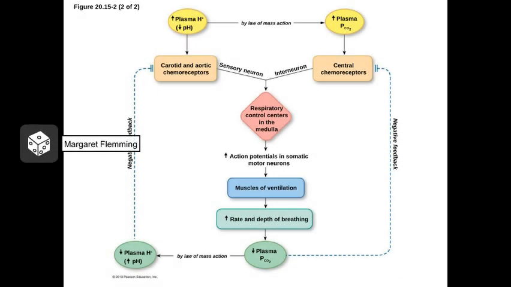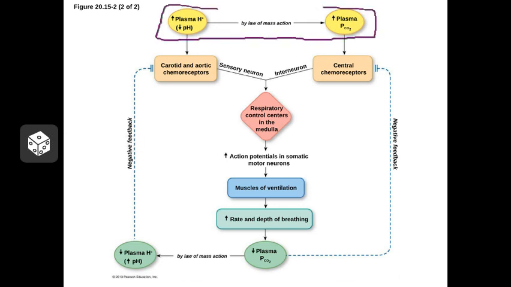This is a really good flow chart that shows you, again, because of the law of mass action, we have a relationship between hydrogen concentration and partial pressure of carbon dioxide. We talked about that in chapter 22.